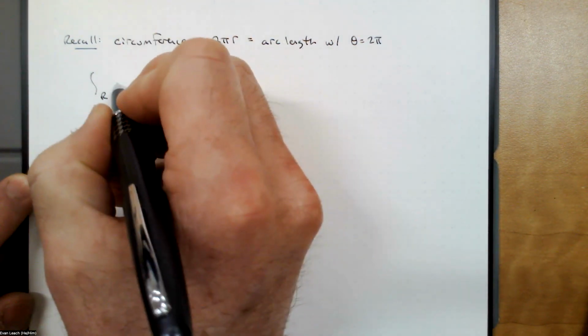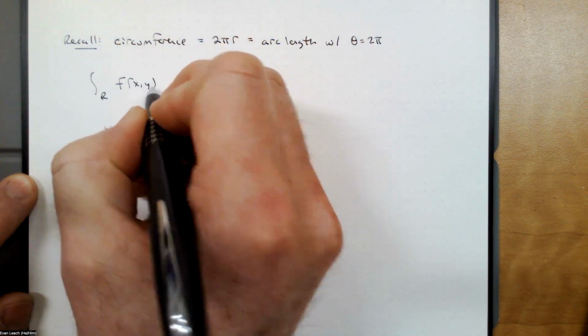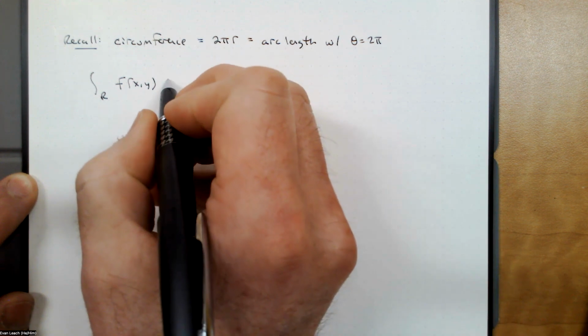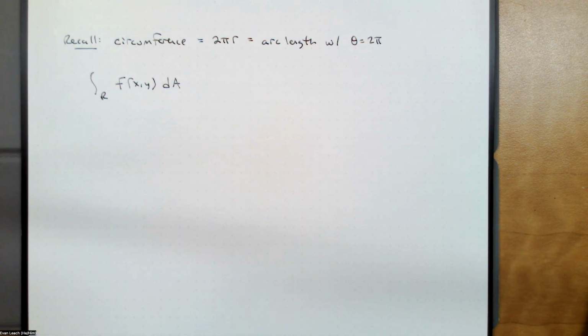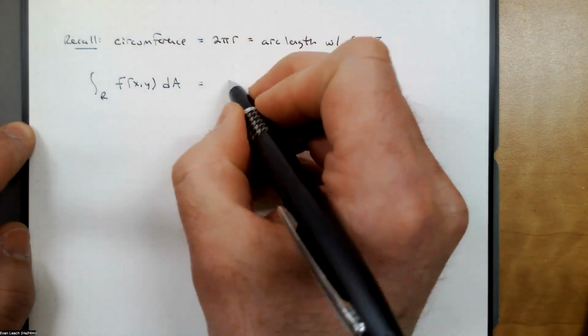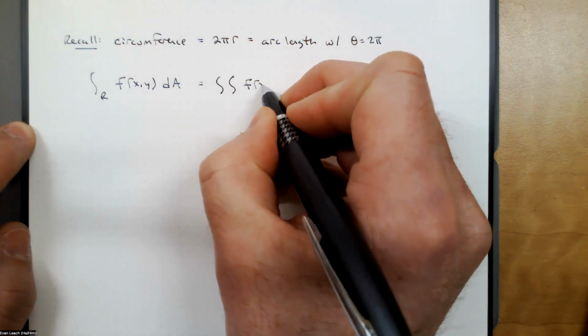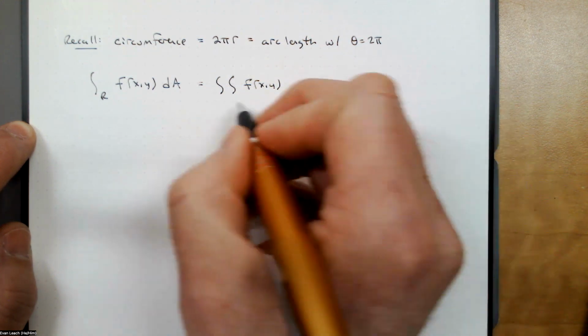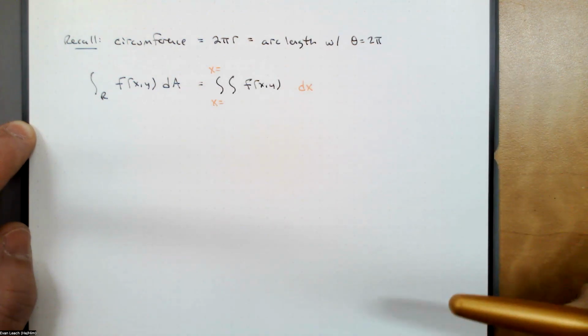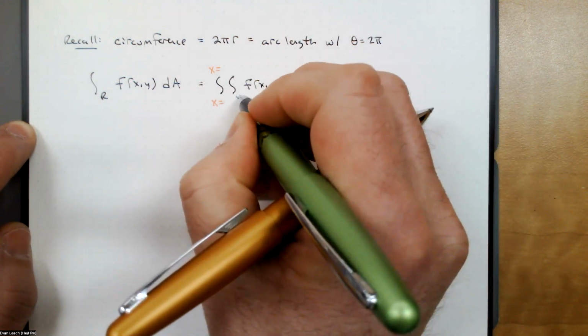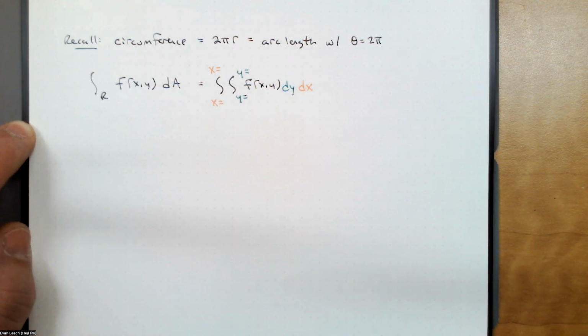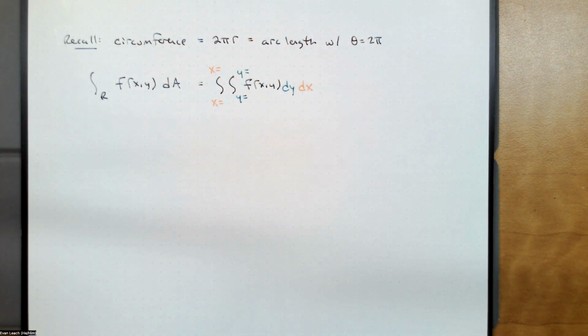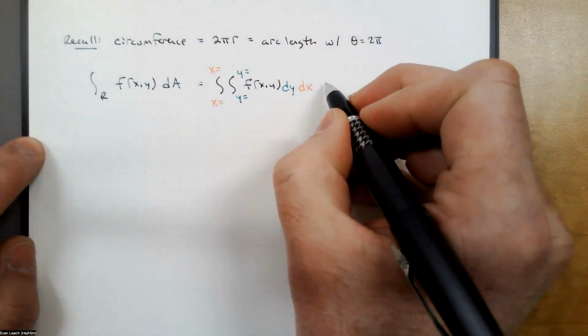So we have a region in rectangular coordinates. We can set up this double integral f of x, y, dA in rectangular coordinates where we have dy dx. Or we could set it up with dx dy.